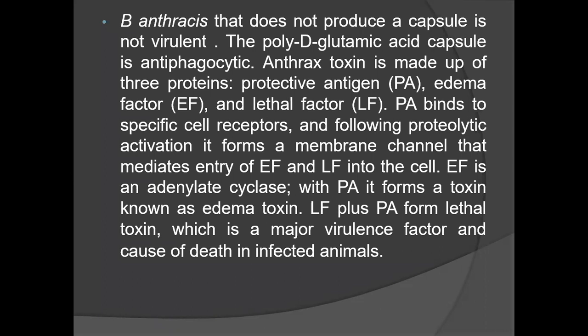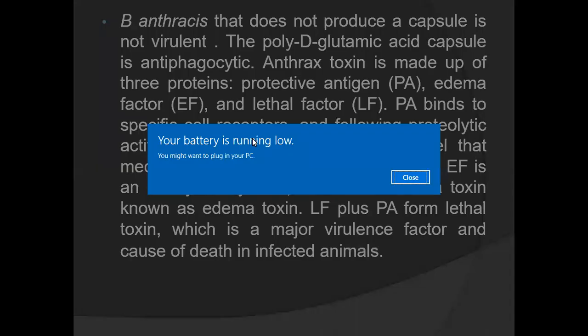Protective antigen binds to specific cell receptors, and following autolytic activity, it forms a membrane channel that mediates entry of oedema factor and lethal factor into the cell. Oedema factor has an adenylate cyclase activity.